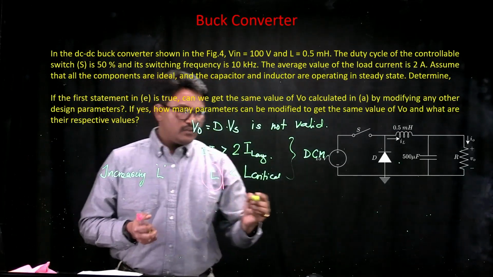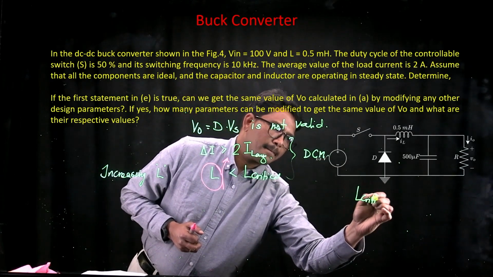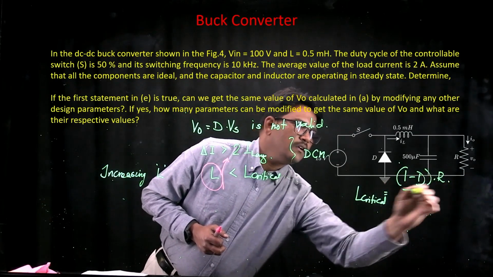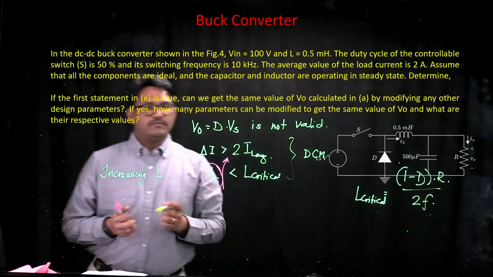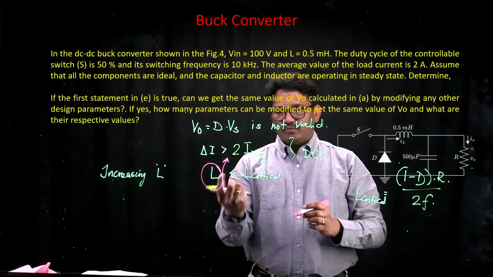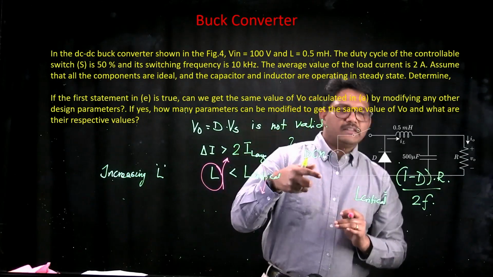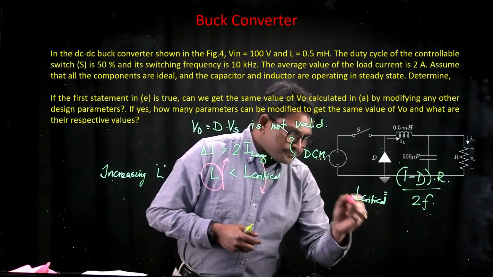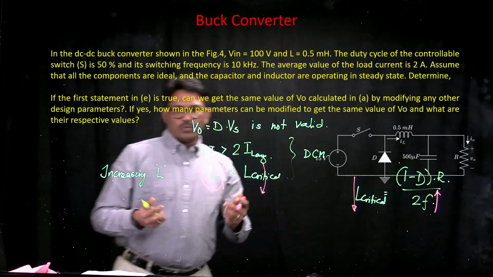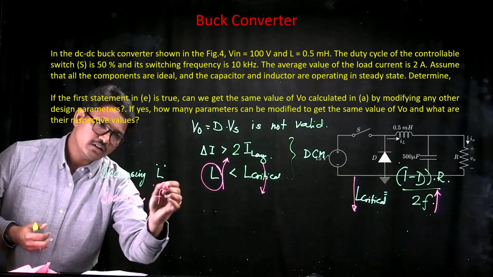In order to do that, look at the expression for L critical, which is (1 minus D) times R upon 2F. This is the expression for L critical, which means if you want to bring down that L critical value to avoid the discontinuous conduction mode, then you can reduce it by increasing the switching frequency. So another way is increasing the switching frequency.